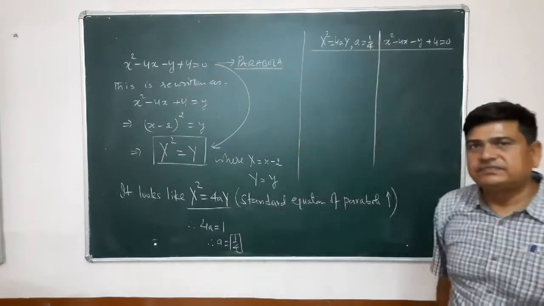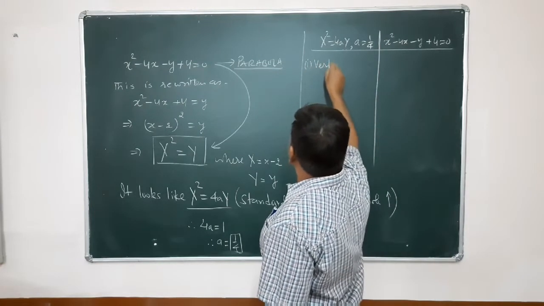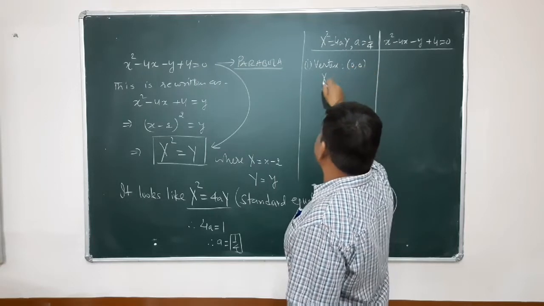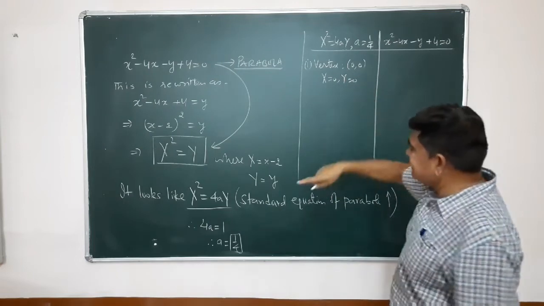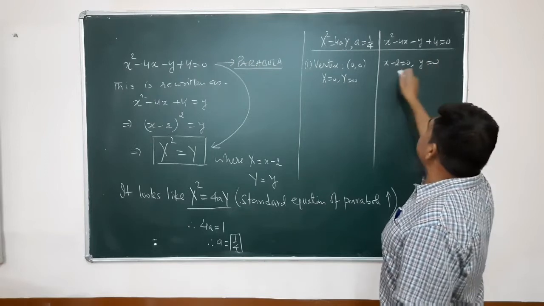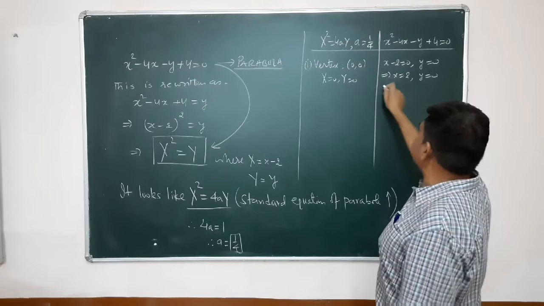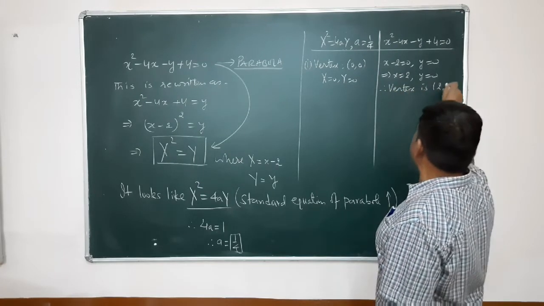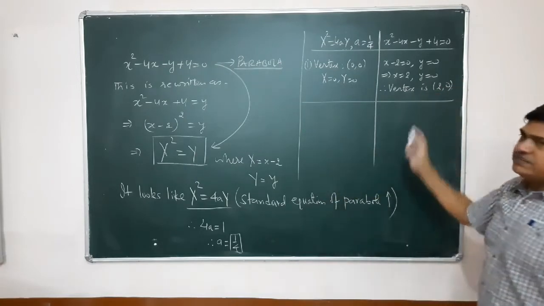It is better. First point: this is a point 0, 0, means X is 0, Y is 0. So what is x? x minus 2 equals to 0, small y equals to 0 implies x equals to 2, y equals to 0. Therefore, vertex is 2, 0. This is the vertex.